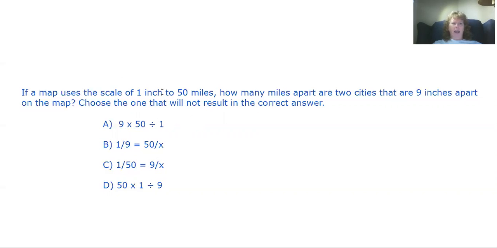So if we write a ratio for the first part of the sentence, we'll have 1 inch to 50 miles. We'll also keep that same pattern on the bottom of inches to the unknown amount of miles.